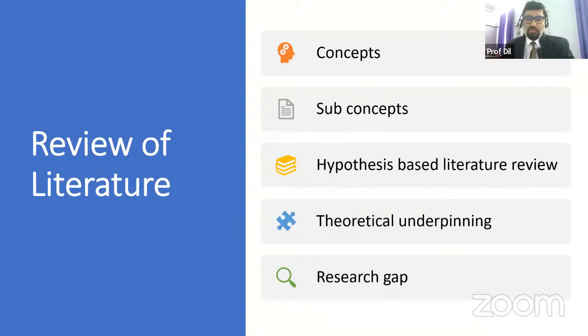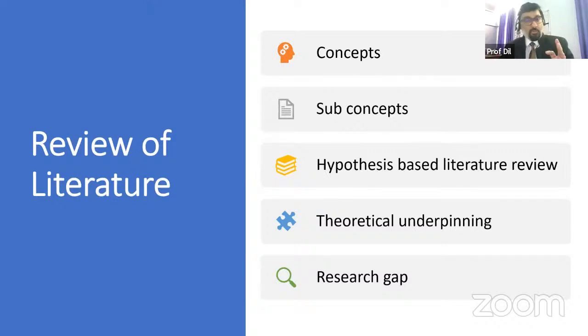Rest of the things, any findings or connections between IV and DV, you can paraphrase. So always remember what I suggested: do the literature review last. Fix the rest of the portions first, because you already have a full thesis before you, which is original in nature. The other one is not original.